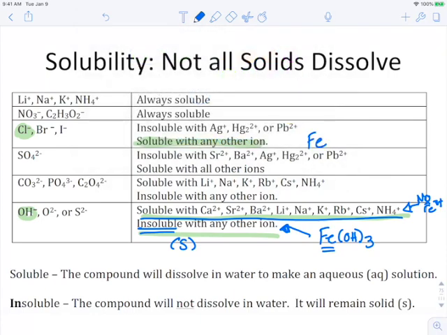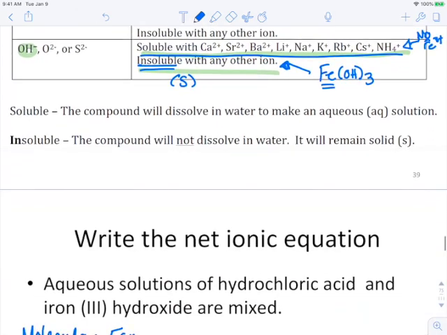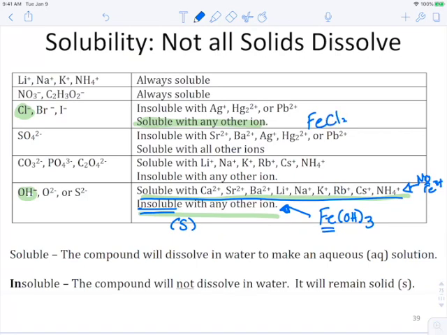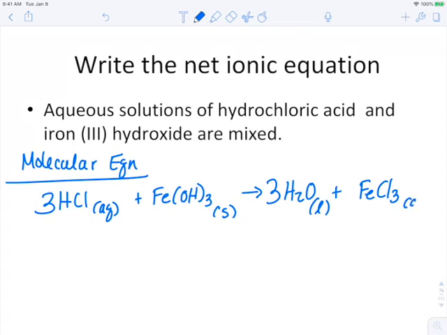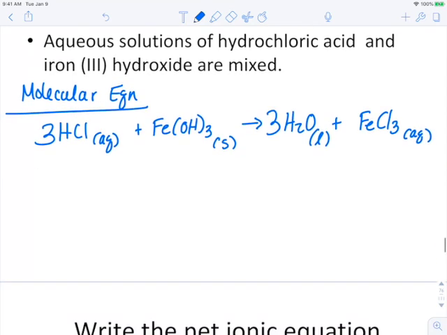So here is FeCl3, so iron is our other ion. So here we're dealing with soluble, so this is going to be aqueous. So any questions why FeCl3 would be qualified as aqueous? Okay. So any questions on what we've done so far?